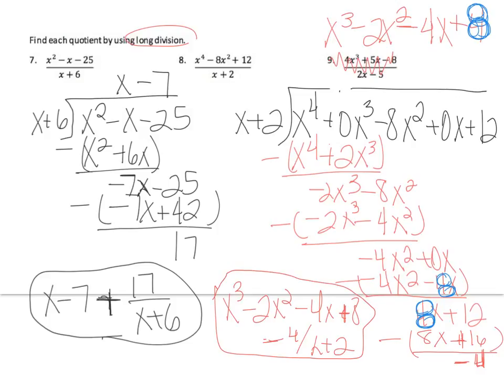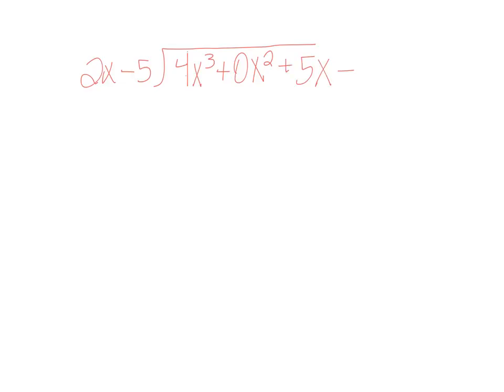Phew. Okay, we're going to do number 9 on the next page. Number 9 is 2x minus 5 into 4x cubed plus 0x squared plus 5x minus 8. 2x squared here.